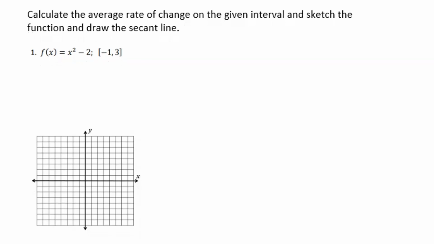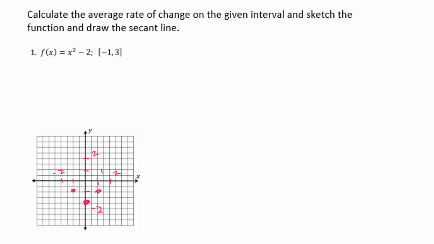So we're looking at the function f of x equals x squared minus 2 on the interval -1 to 3. So we could be starting at -2. And then we'll be at -1.